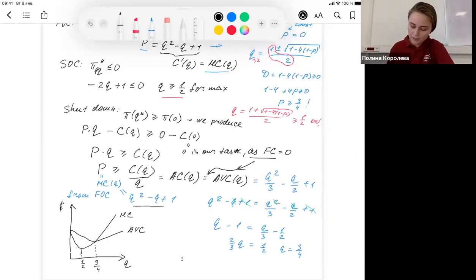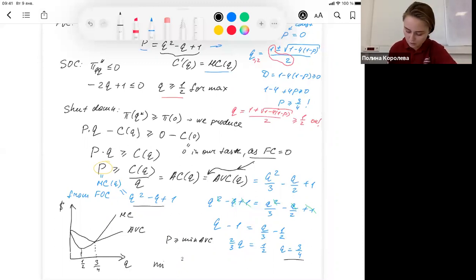But anyway, now we should say that price should be greater or equal than the minimum of average variable costs. Let's write here, price should be greater or equal than minimum of average variable costs. And we know that this minimum is when quantity is equal to 3 over 4. So put this quantity 3 over 4 into the average variable cost function.